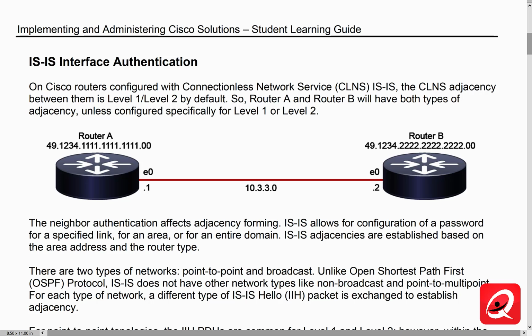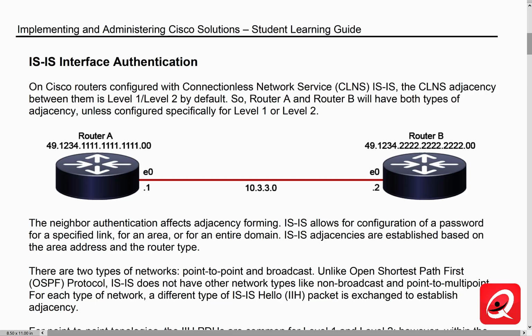All right. Point-to-point topologies would include things like a point-to-point serial link. These are going to be common for level 1 and level 2 adjacencies. But within that hello packet, the level 1, level 2, or level 1 and level 2 information gets announced. So we're actually kind of separating the information that's going to be advertised.